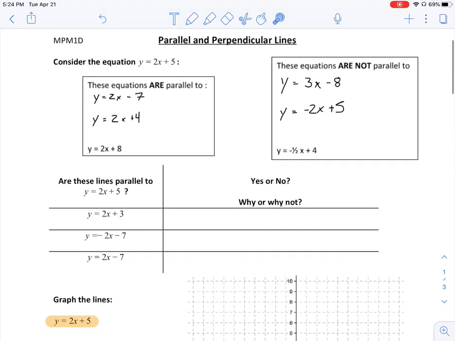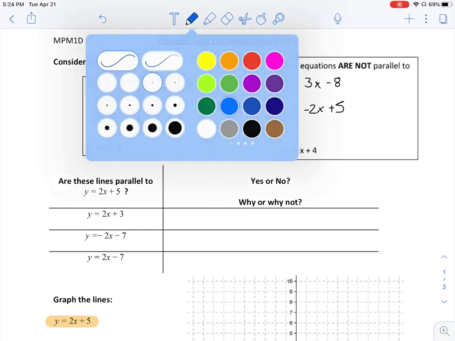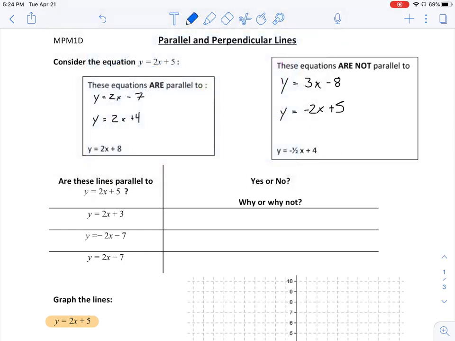So these three lines here, we're going to determine whether or not they are parallel to y equals 2x plus 5. The first one, y equals 2x plus 3, is this parallel to y equals 2x plus 5?